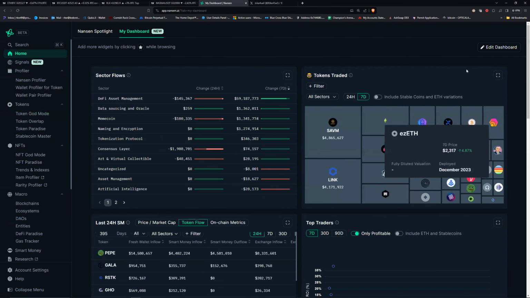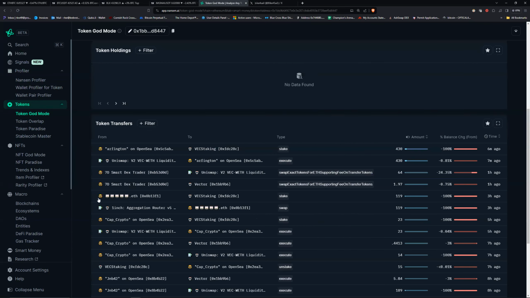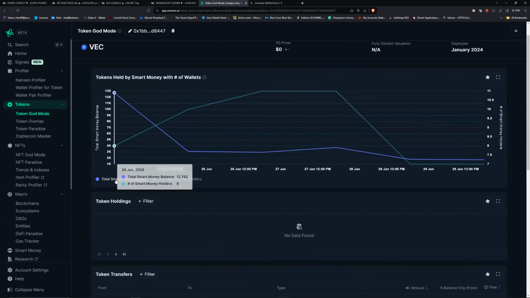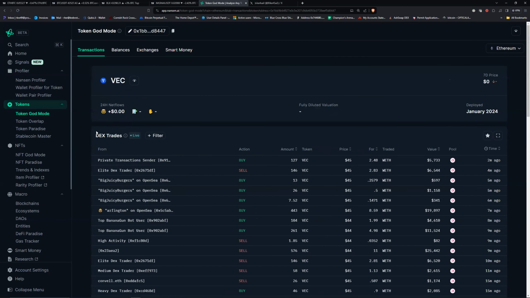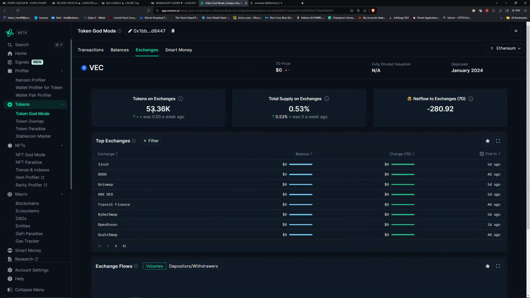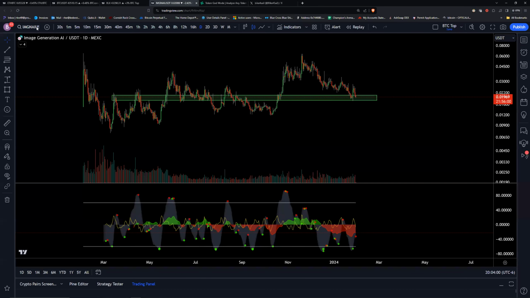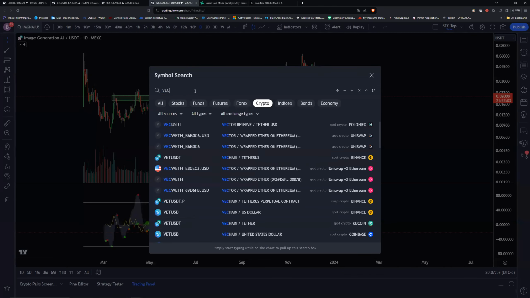I forgot to look, what does the chart look like on this one? Where is the chart? Is it not showing a chart, I guess? Hmm. I think it's this one. Of course, this is the ETH pair.